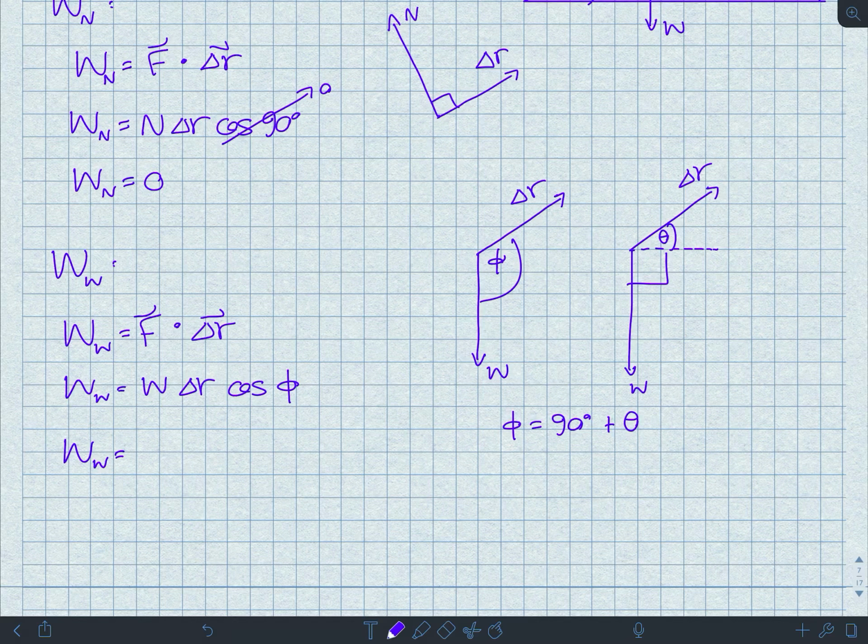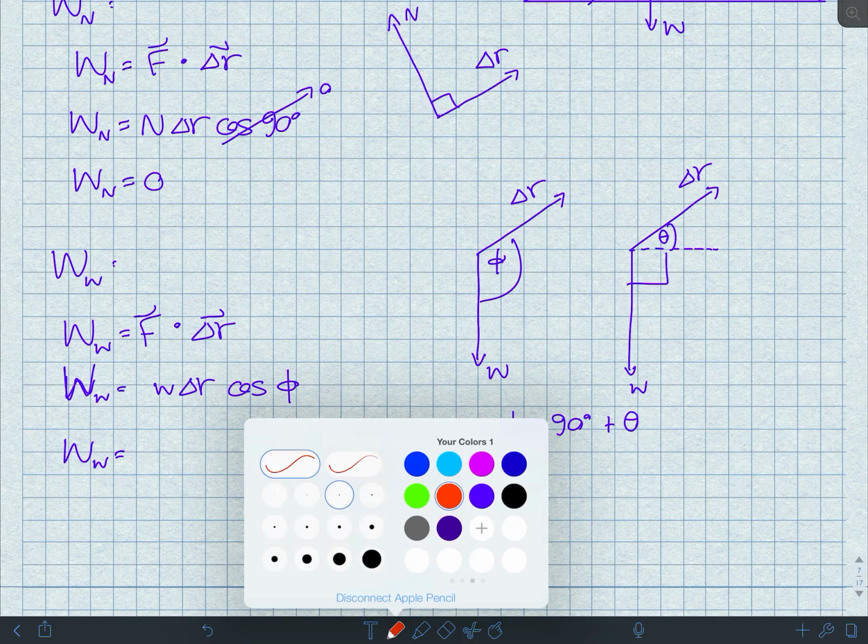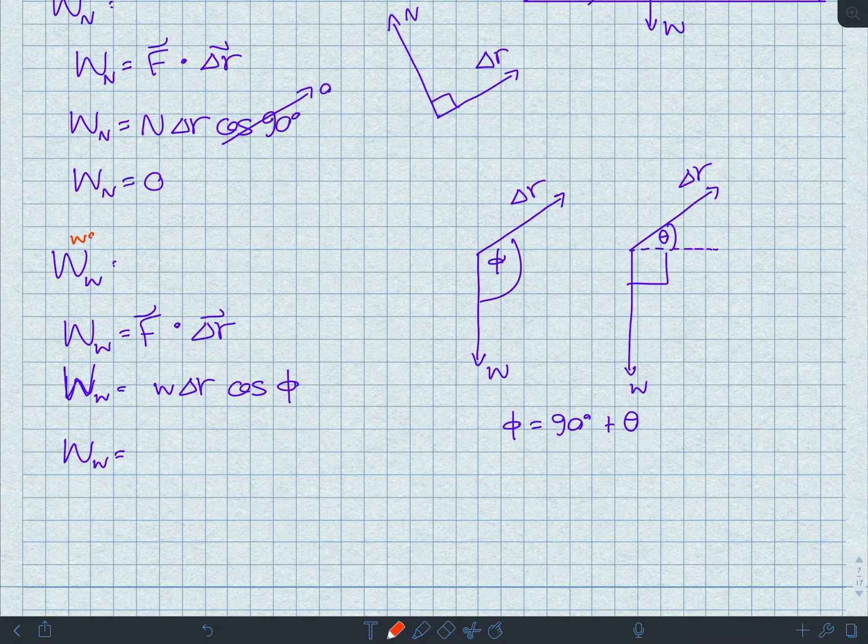Okay, so let's make this weight here really small so it's clear. This is work and the little one is weight. Okay, so maybe I should label that more clearly. So this one is work. This one is weight.